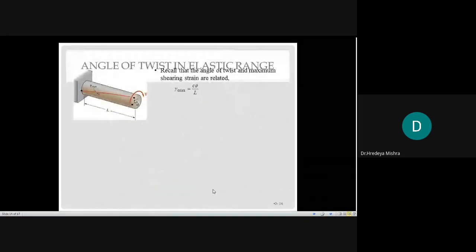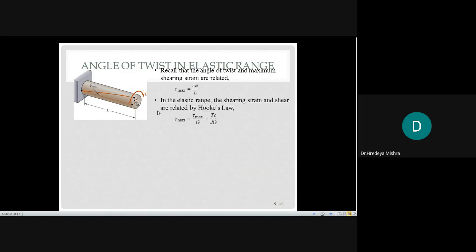Now recall that the angle of twist and maximum shear stress are related. Maximum shear strain equals c phi upon L. So from here we can get phi. In the elastic range, the shear stress and shear strain are related by Hooke's law: gamma max equals tau max upon G, which is Tc upon JG.